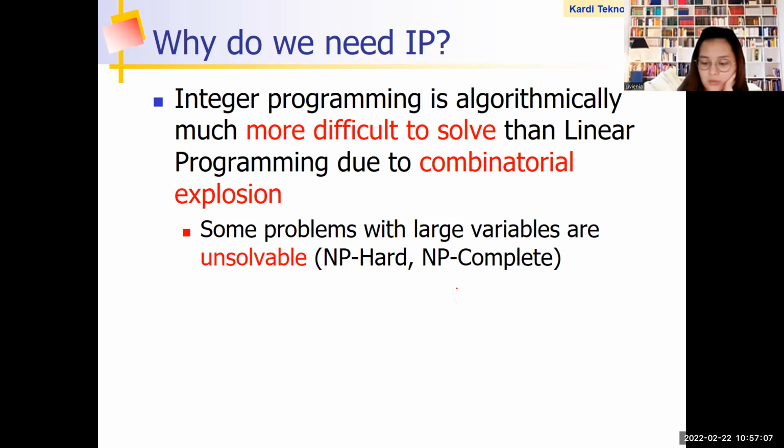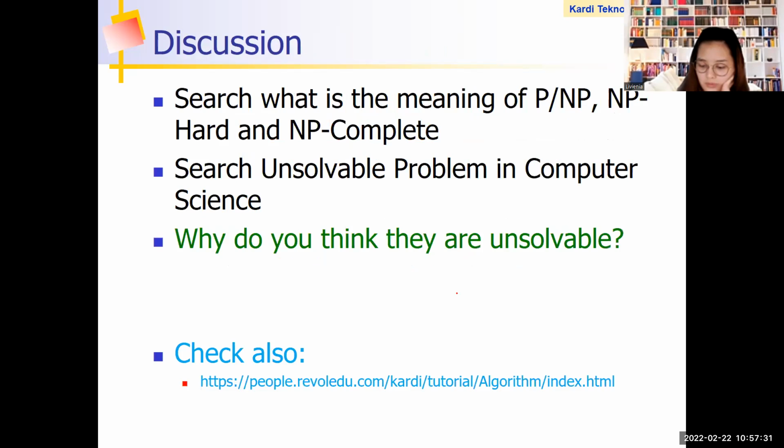Because of the combinatorial explosion. There are some problems that are so large, with large variables, actually unsolvable. In terms of algorithm, this is called NP-hard, NP-complete. So if your number of variables is very big, they cannot be solved.